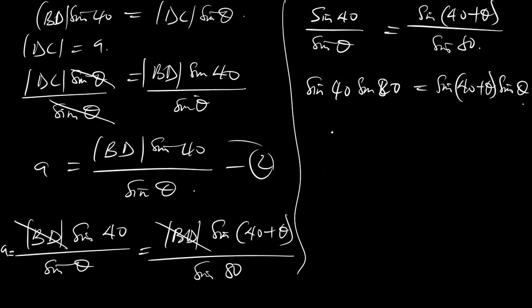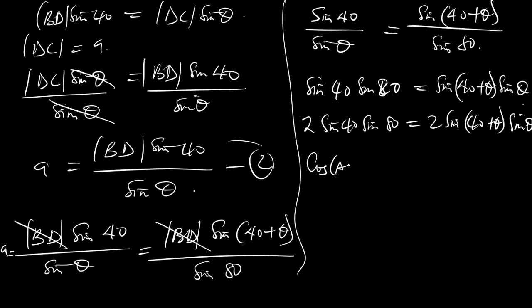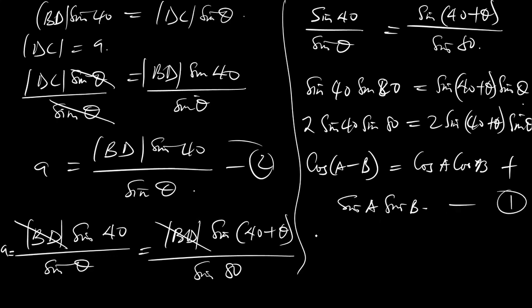Now multiplying both sides by 2, you have 2 sine 40 sine 80 equal to 2 sine (40 plus theta) sine theta. Now we know that cos(A minus B) is equal to cos A cos B plus sine A sine B, equation 3.